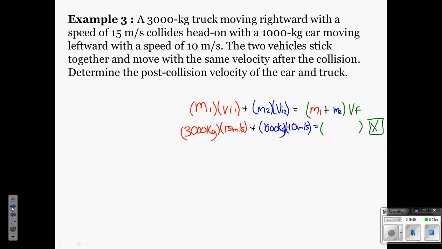So if I take 3,000 plus 1,000, that's going to give me 4,000. So I'm just going to go ahead and do that because it's easy to do that right now. 4,000 kilograms. Okay, so now we can go ahead and do the math of our little small pieces here.